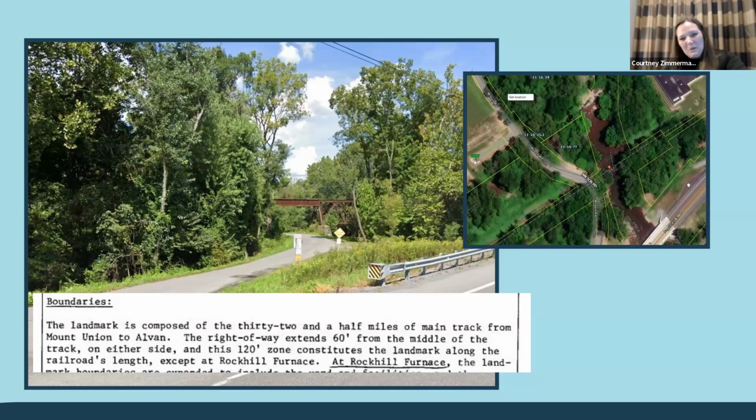So now when the DOT wanted to install a pull-off on this road that's below the trestle, and it was a National Historic Landmark, it kicked in a whole big review process for something that really wasn't going to affect the integrity of this property, but it was in the boundary, so it was a whole big thing. Next.